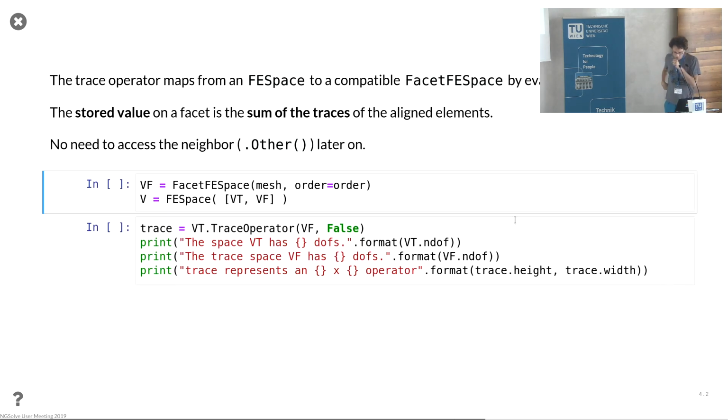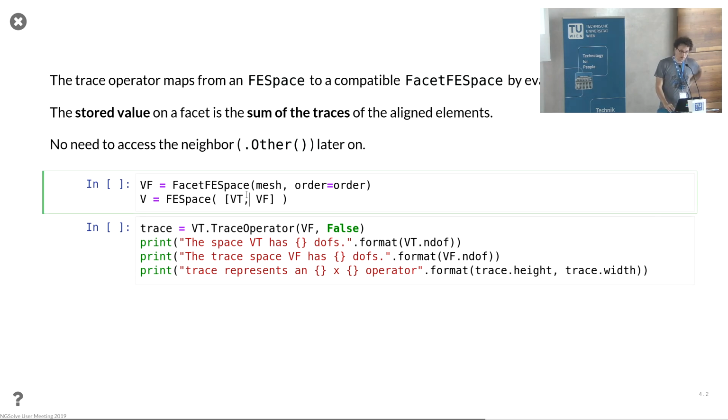Okay, so the idea is now that we have a finite element space on the skeleton, which we already saw. This is the facet finite element space, and it is compatible to our volume finite element space, so it has the same order, and this is what we set up here.